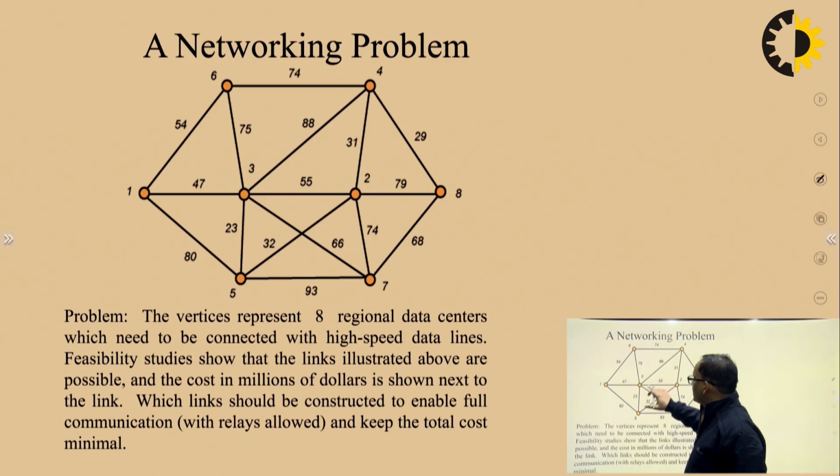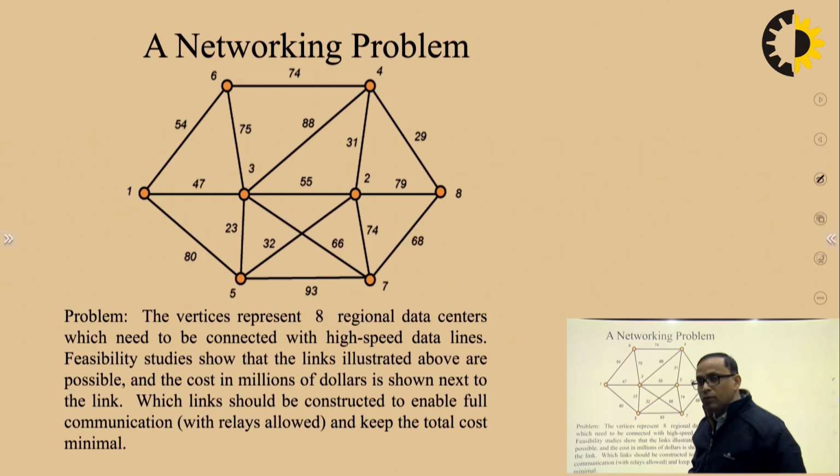Like for this graph, there is a closed cycle, there is a closed cycle, there is a closed cycle. But in case of a tree, there will not be any cycle. So, for this graph, we have to find a tree which consists of all the vertices of the graph and has no cycle. That tree is known as the spanning tree.